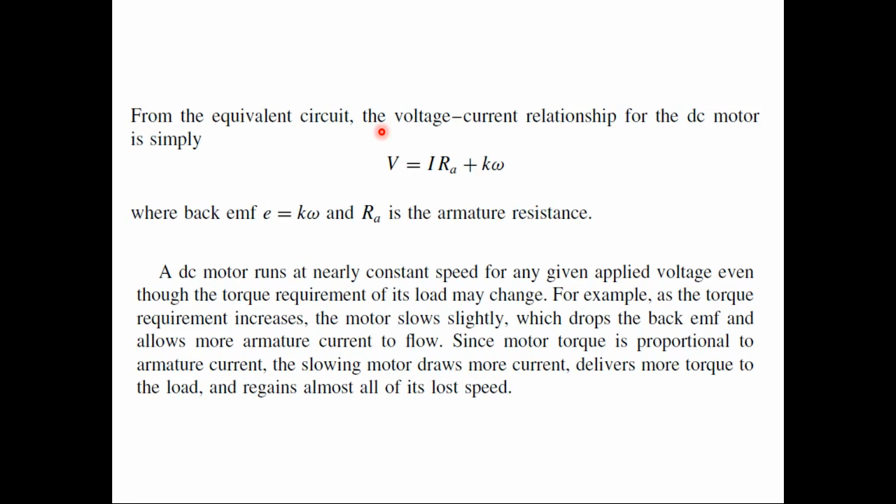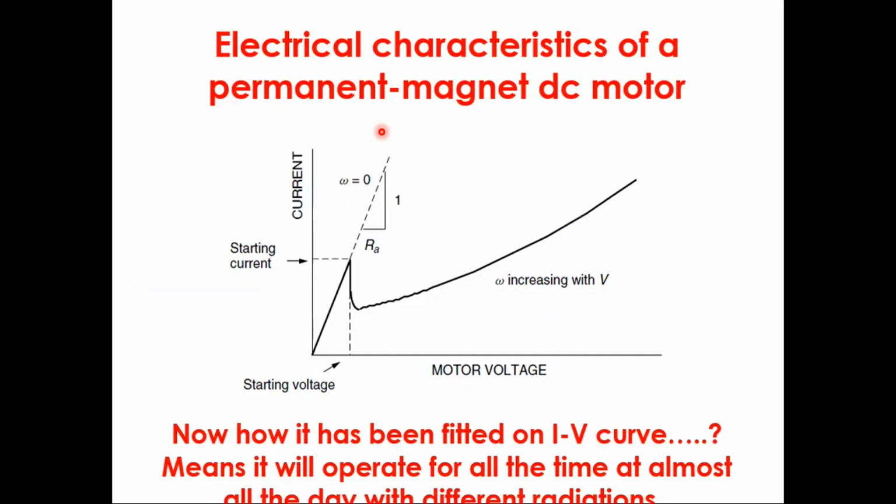But if we connect this motor with the PV, what is the problem that we are going to face? This is the electrical characteristic of a permanent magnet DC motor. From this characteristic, the motor requires a high starting current at a lower starting voltage, and then once it regains its torque, it will start.